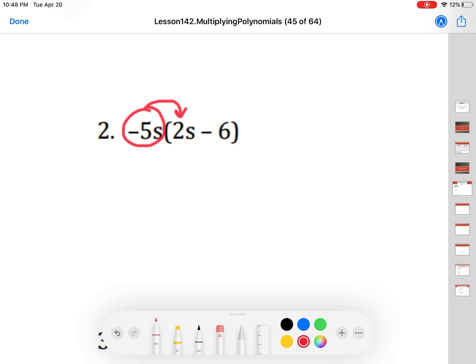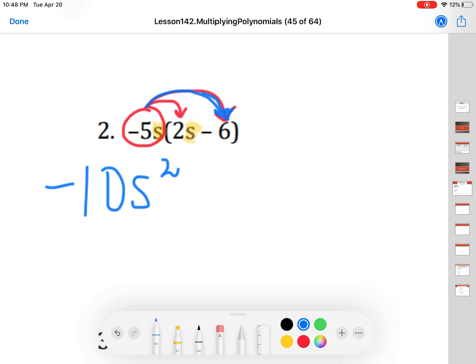So I'm going to take this negative 5s, and I'm going to distribute it to both terms. A negative 5 times 2 is a negative 10. There's an s here, and there's an s here, so together that makes s squared. There's 2 s's, s squared.